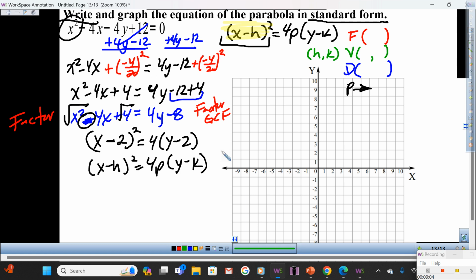What is a vertex? Vianney, what's our vertex? Ouch. Mitos, vertex? Close. Once again, our vertex is h and k. Here's our equation.